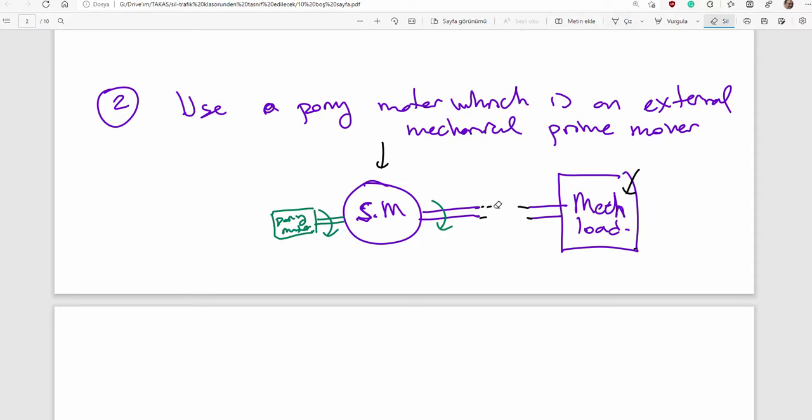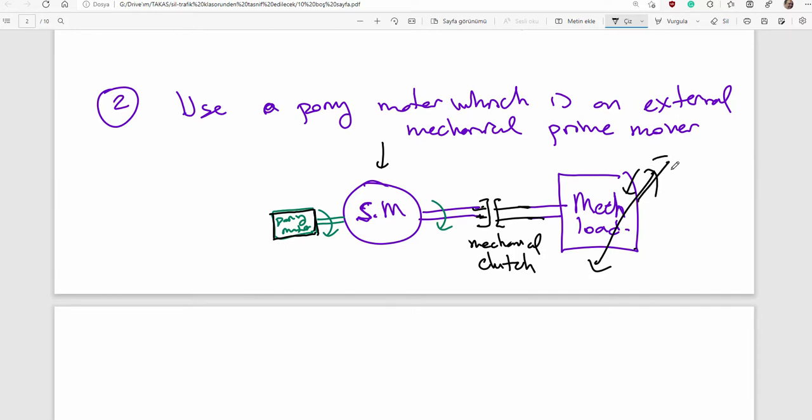So, to use such a pony motor startup method, there must be a mechanical clutch, or the load must be adjustable. So here must be a low mechanical load, as low as possible. If it is very low, you need a very small pony motor.